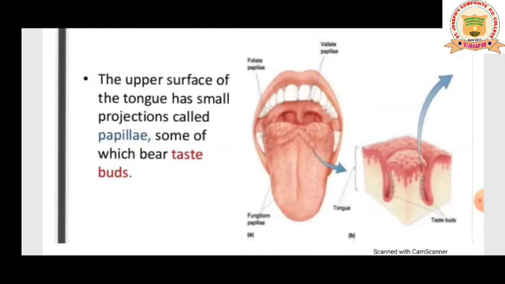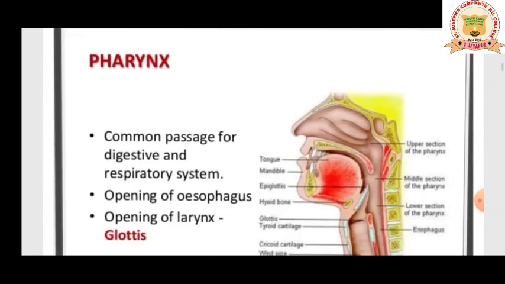Now let me proceed to the next part of our alimentary canal, that is the pharynx. It is a common passage for the digestive and respiratory systems. Pharynx is the common passage which takes the food as well as the air for respiration. The food will be carried to the esophagus and go and settle into the stomach.